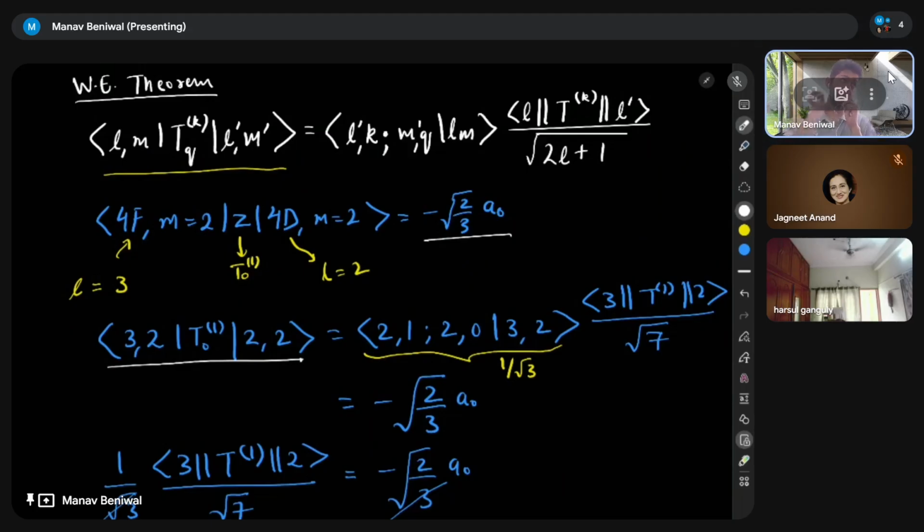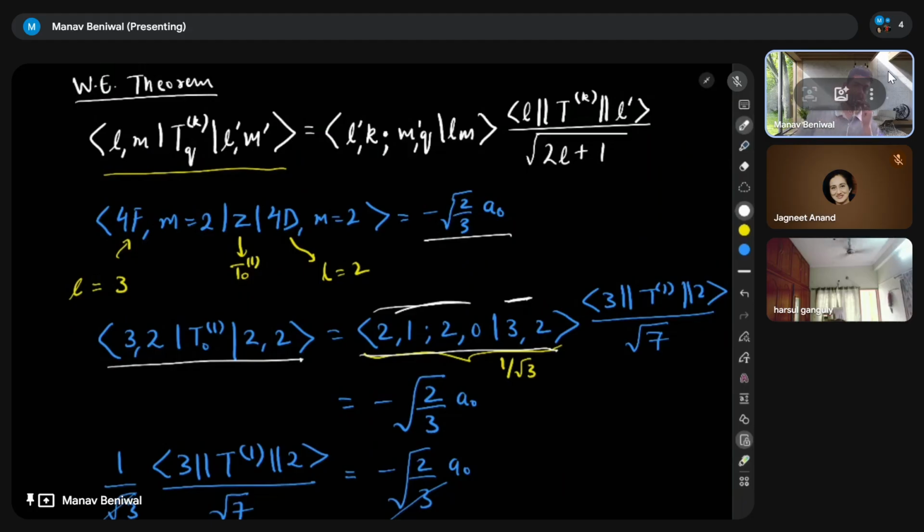There is a table of Clebsch-Gordan coefficients from which you can find the value. If your L and M are 3 2, and your L prime M prime K Q are this, then you can look up the table and find the value. However, in principle, we can also calculate. For this problem, I didn't calculate.